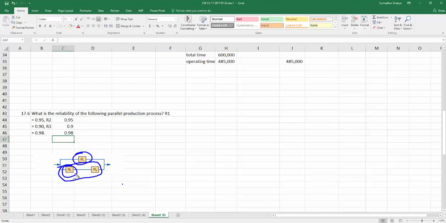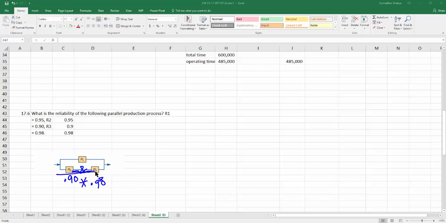Okay. Now R2 and R3 are in series, which means both R2 and R3 have to work for this leg to be useful. Okay. So the combination of R2 and R3 would be 0.90 here, and this one R3 being 0.98, and because both of them have to work for a successful result, we will multiply these.